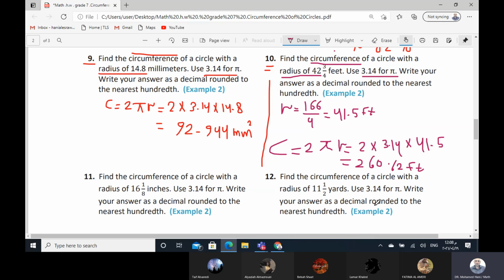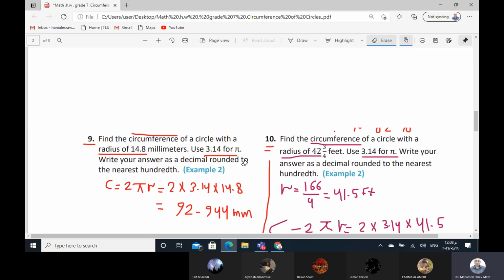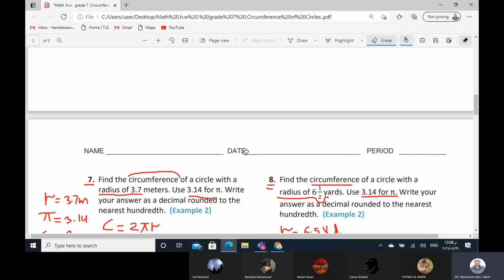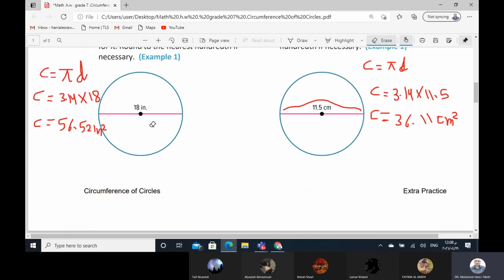Do you understand the mistakes? Yes, sir. Who can tell me what is the mistake here? Yes, here I wrote squared. This is wrong. Circumference is measured by the unit, not the unit squared, because it's not area. So be careful here.